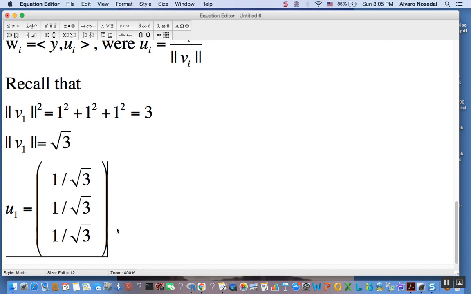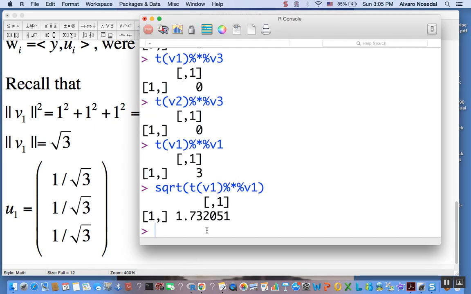Okay, so let's check that the first norm is 1. Let's define each of those guys just using this recipe. So we already have v1, v2, and v3. Let's define u1 as v1 divided by the square root of the squared norm, which is 3 in this case, and then I want the square root.